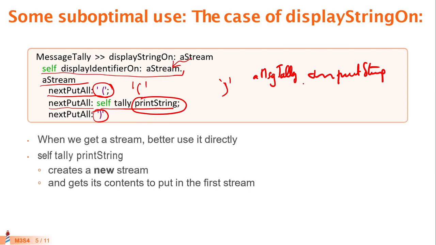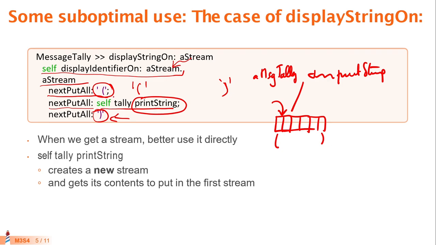This message printString will create a stream. Let's imagine that a stream is something like this where we can put elements inside. In the first place, it will put a parenthesis, and at the end, I will close my parenthesis here.